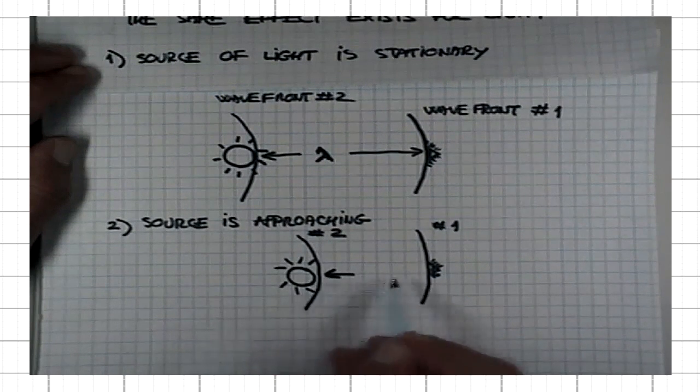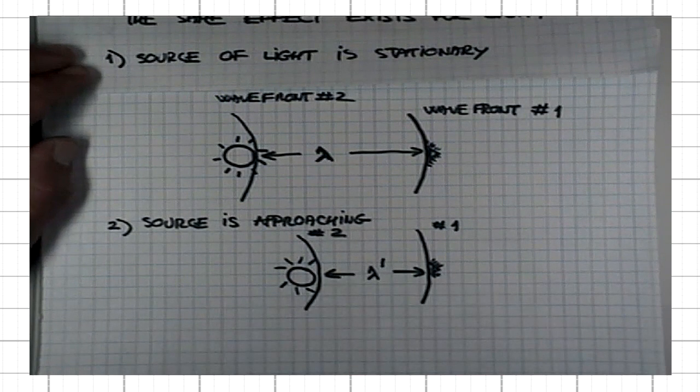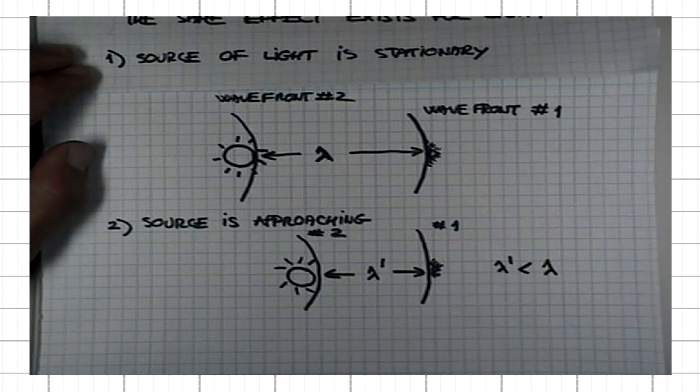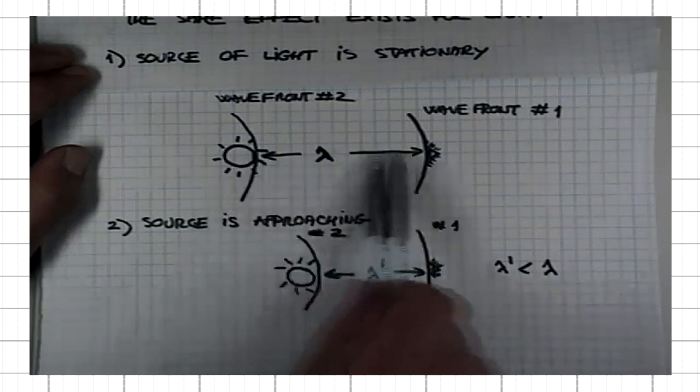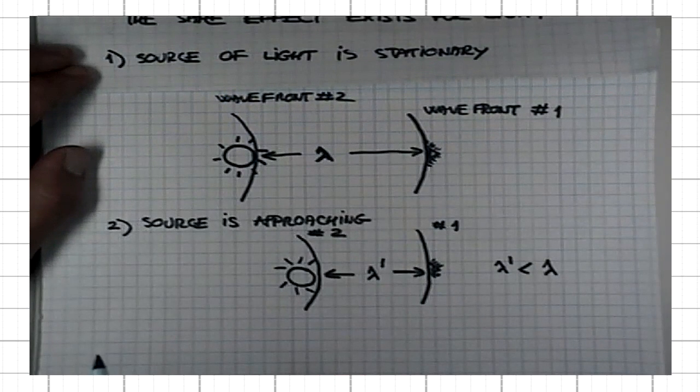And now you detect this distance between two successive wavefronts as a wavelength of light. So now you would perceive the wavelength to be shorter. And we say that this wavelength has been blue shifted. That is, it's reduced in size, and that effect is often referred to as blue shift.